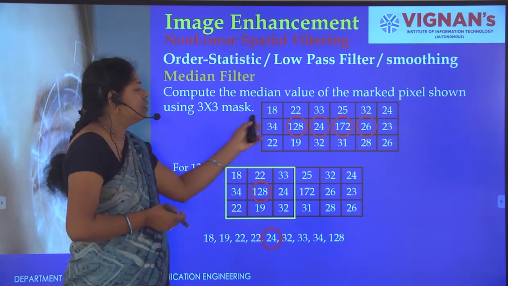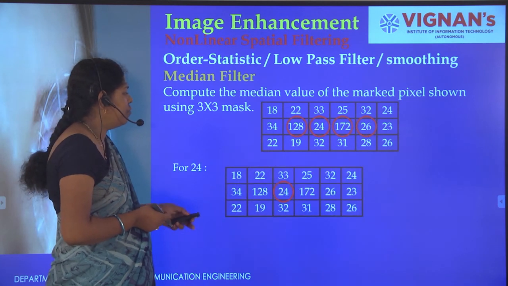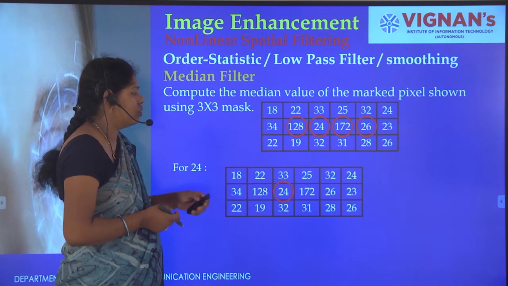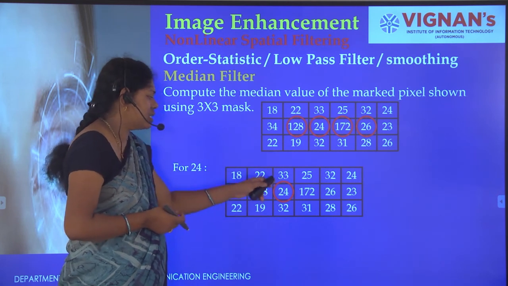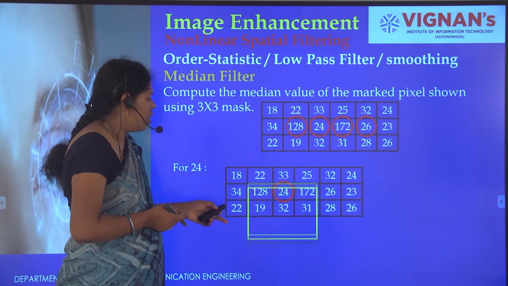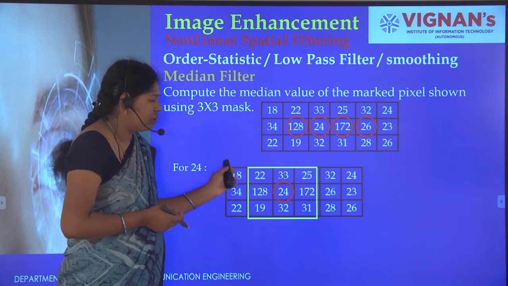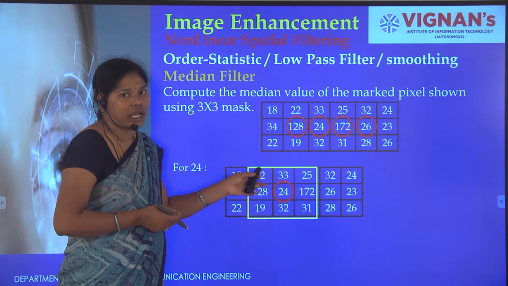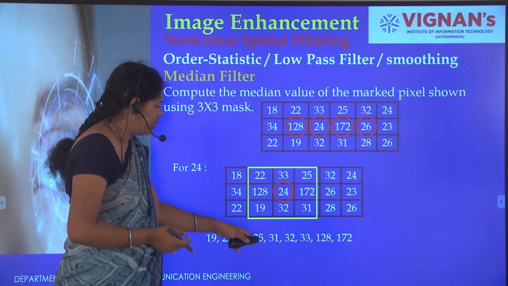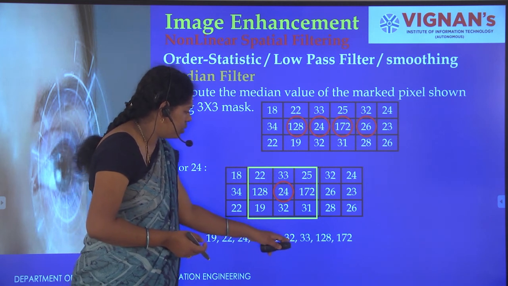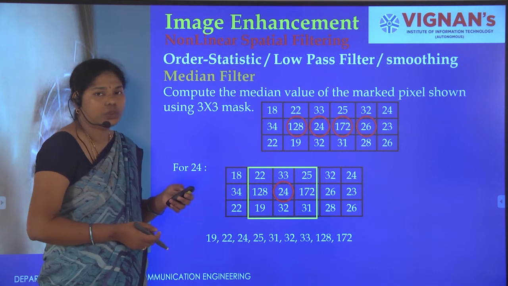Next, for the second element, that is 24, we have to perform on the original image only. Again we have to consider a 3x3 mask with the center of 24. Now this is the mask. Again we have to arrange all the pixels in ascending order, that is 19, 22, 24, 25, 31, 32, 33, 128 and 172.